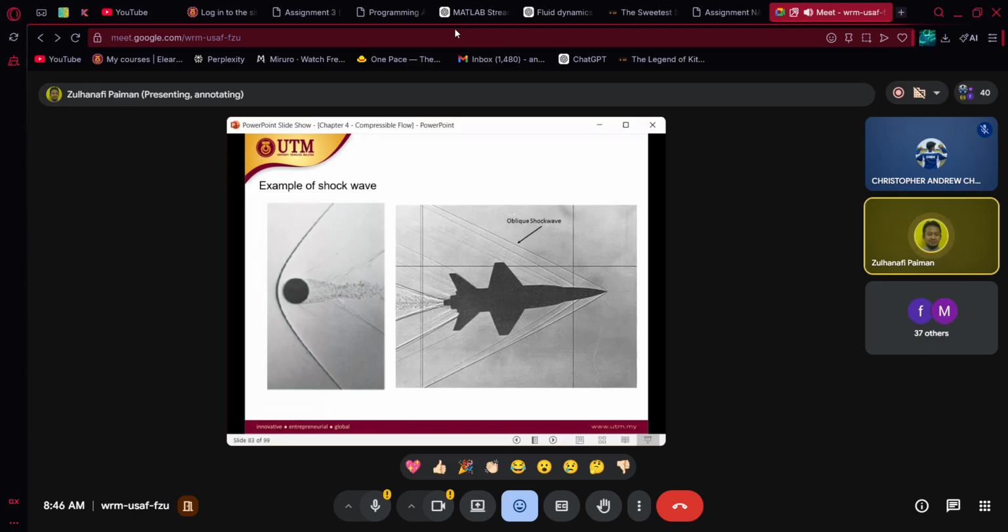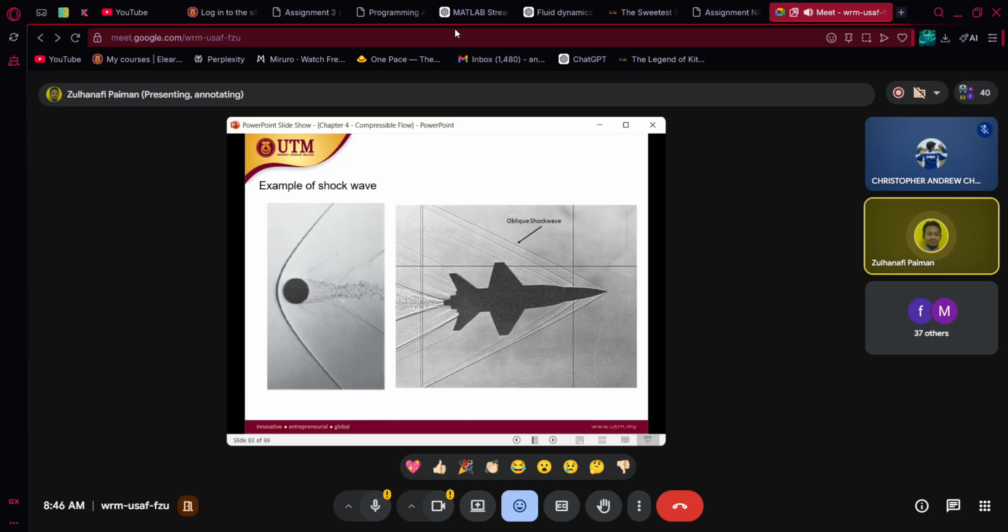On the right side here, this is the oblique shock wave. You have a certain angle. This is what we call an oblique shock wave. On the left side here, this is the bullet. I think there are many videos that you can see on the internet. If you have time, you can search on Google or YouTube for what a shock wave is.